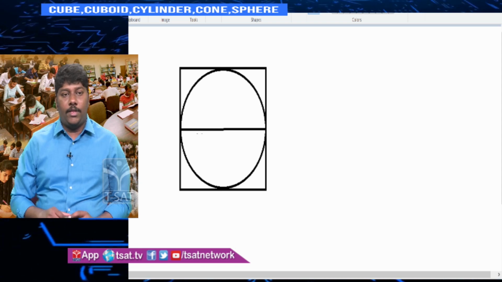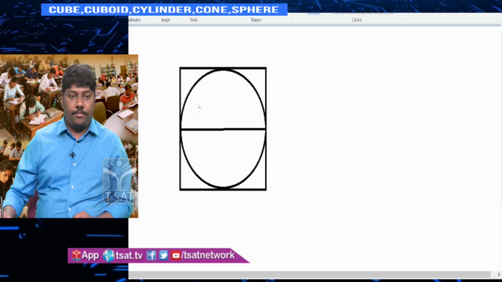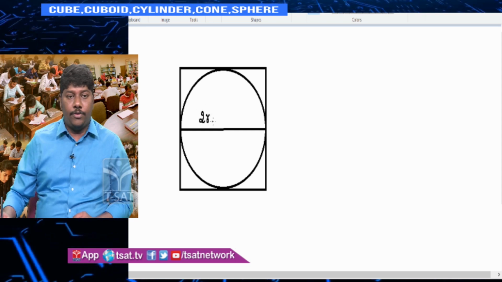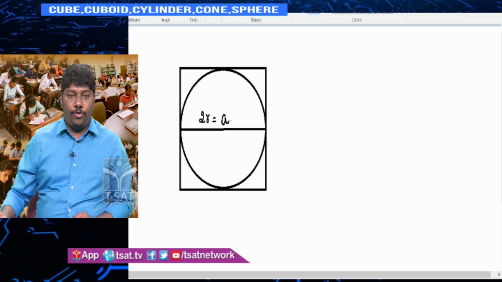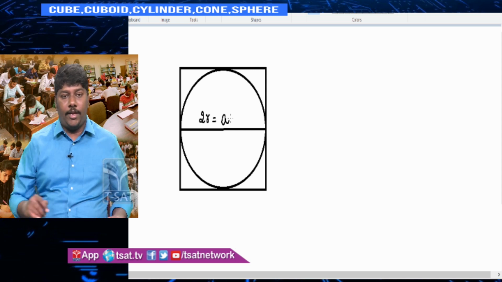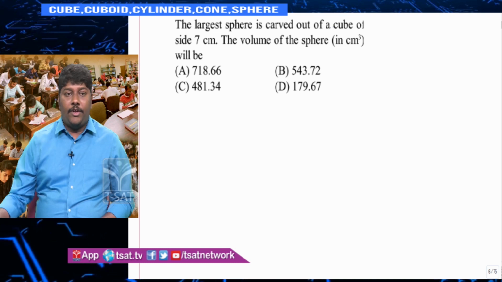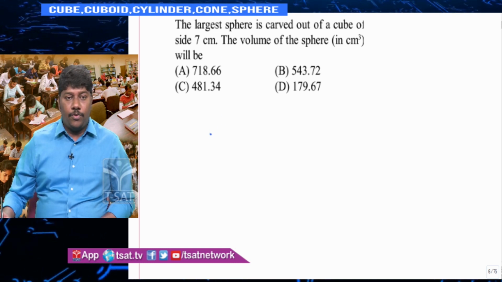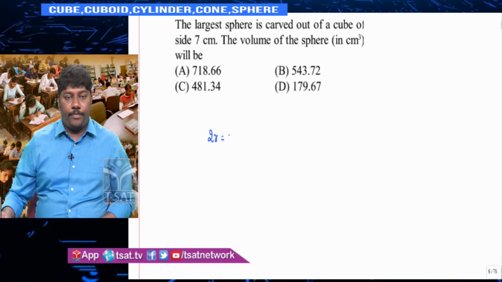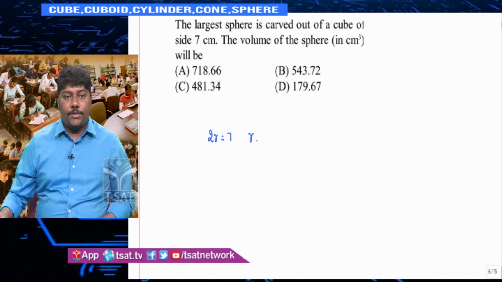Now, what will be equal? The diameter of the sphere, that is 2r, should be equal to the edge of the cube. 2r is equal to a here. So I am taking the same value. Carved out of a cube of 7, which means 2r is equal to 7. r is equal to 7 by 2.